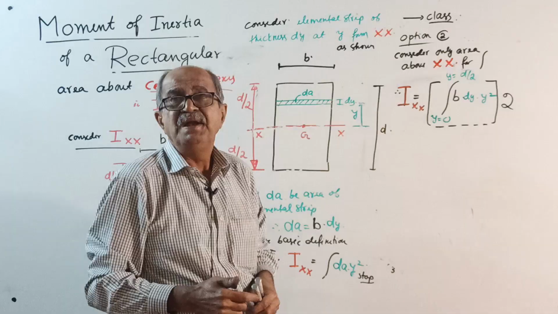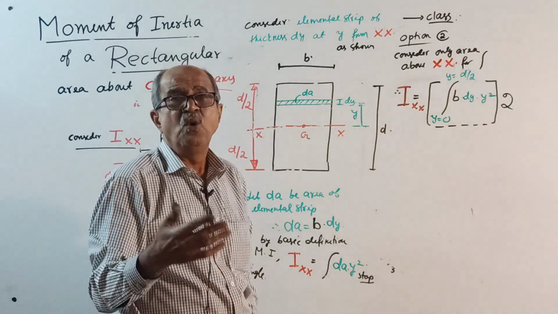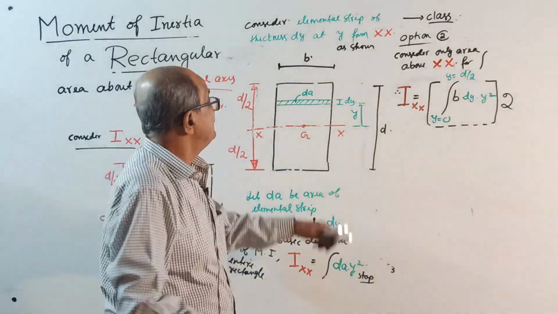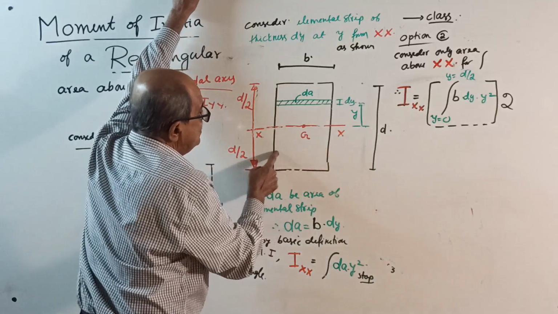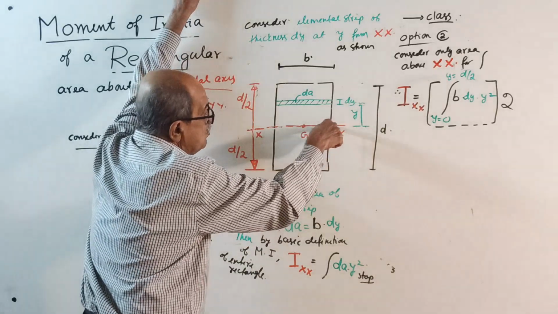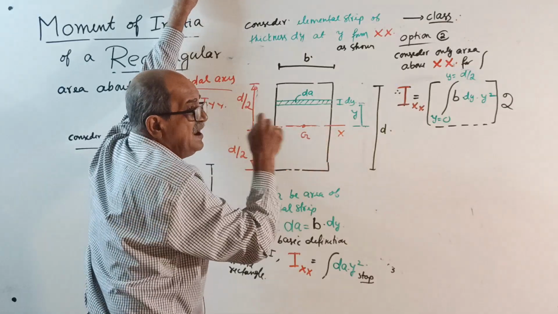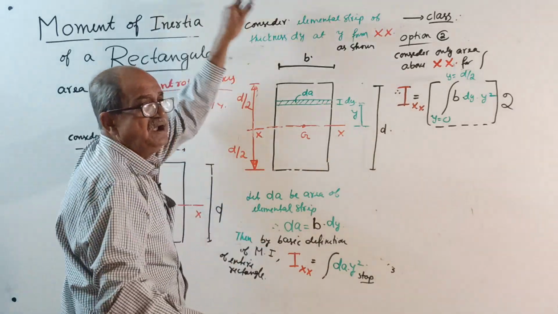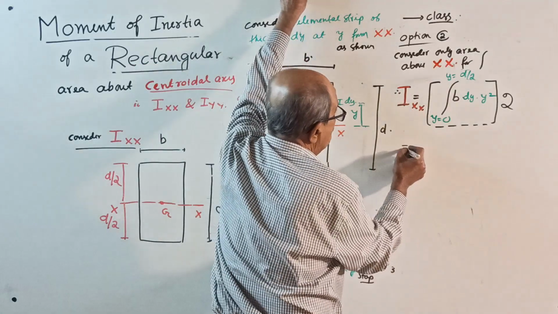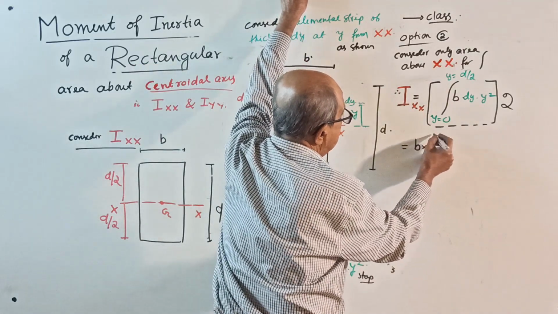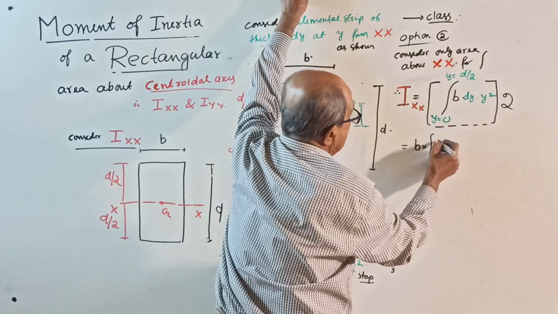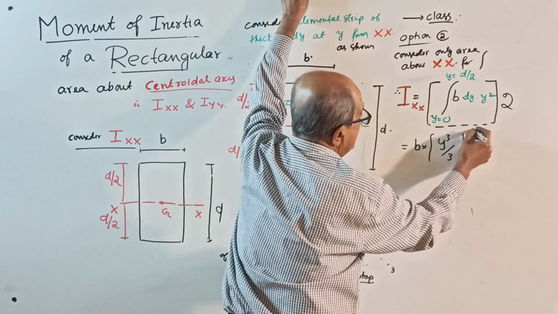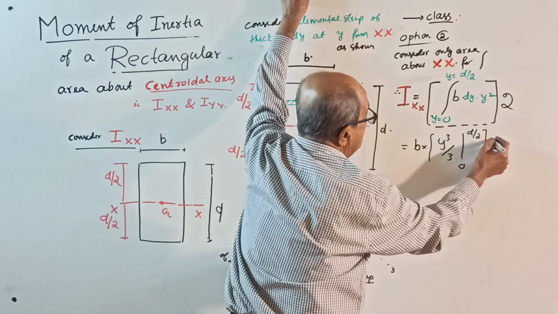But someone may tell, sir, below negative is there. No, even if negative is there, what happens? Moment of inertia is dA into y square. If you take y this way, it is from 0 to d by 2 only. So into 2. This is equal to b into y square becomes y cube by 3, limit 0 to d by 2, multiplied by 2.